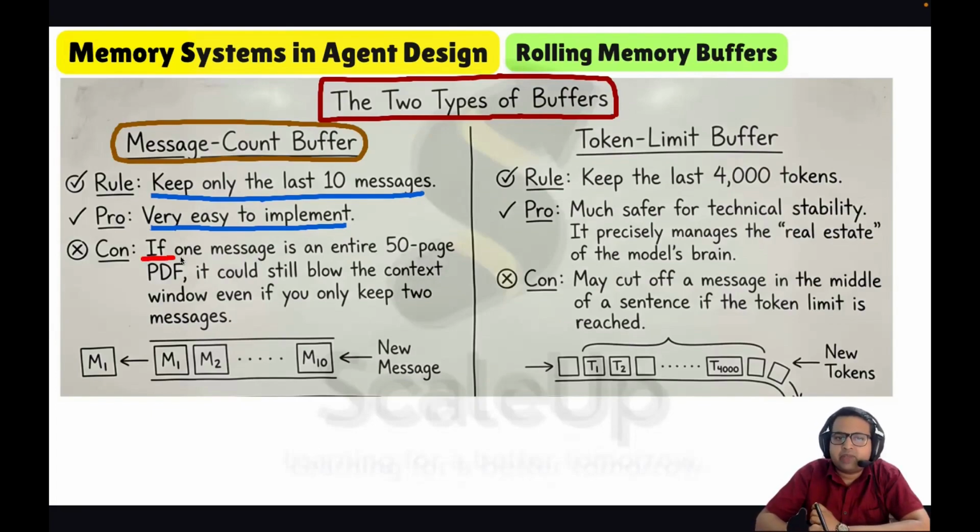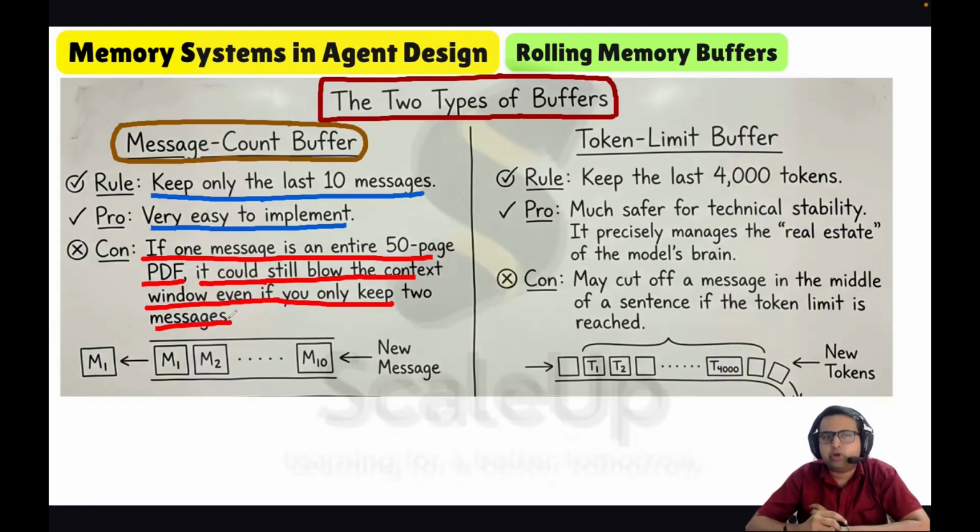If one message is an entire 50-page PDF, then that one message can completely occupy the entire buffer. And that one message could blow the context window, even if you only keep two messages in the buffer. Because the message count buffer will just count the number of messages, and it will not at all look at the size, the length of the message.